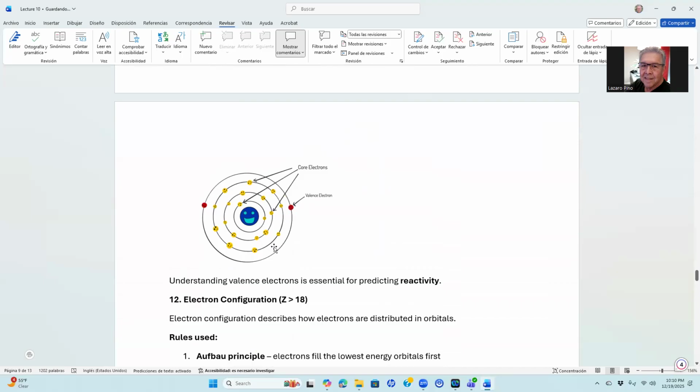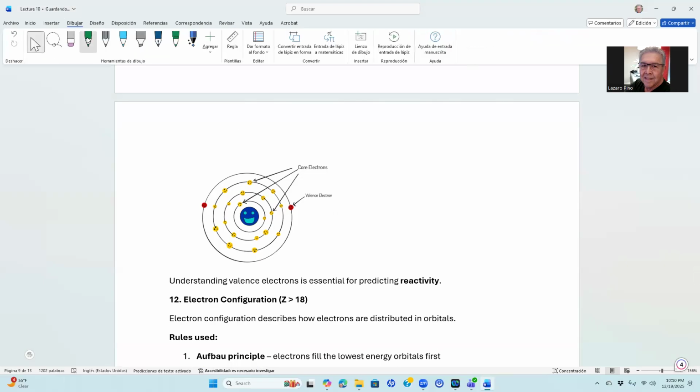And the outermost electrons are the ones that we call valence electrons, the ones that are important in chemistry because they are the ones that participate in the chemical reactions. Remember that the valence electrons are the outermost electrons, and they participate in the reactions.